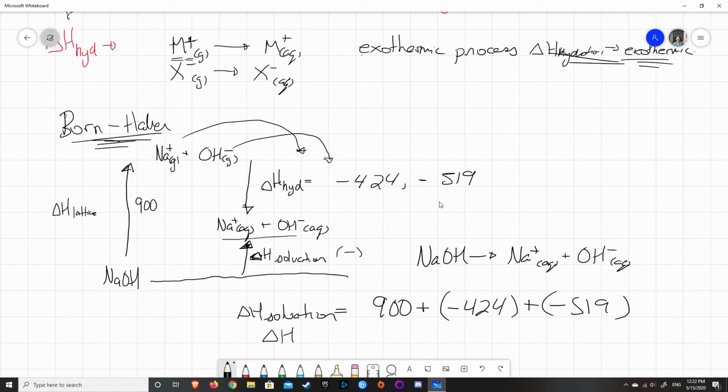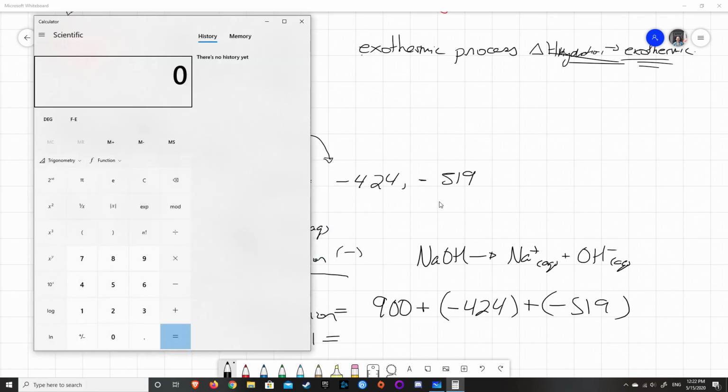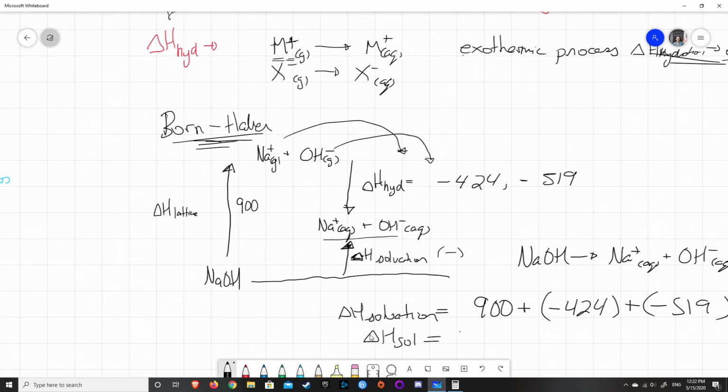And our delta H of solvation is equal to, let me get my calculator out. There we go, 900 minus 424 minus 519. We get a negative 43 value. So delta H of solvation is negative 43 kilojoules per mole.